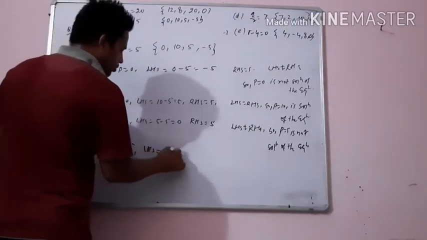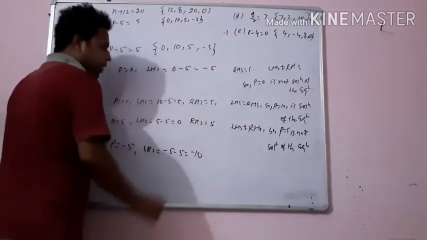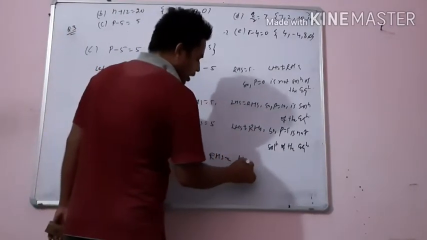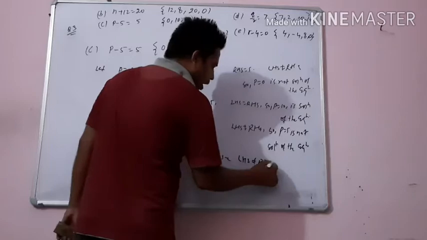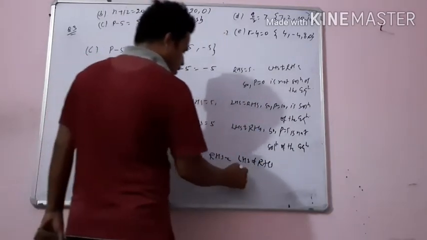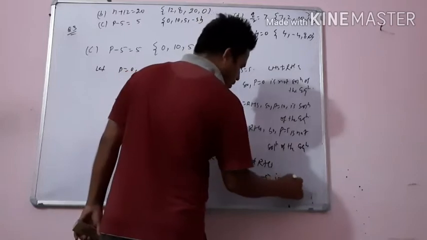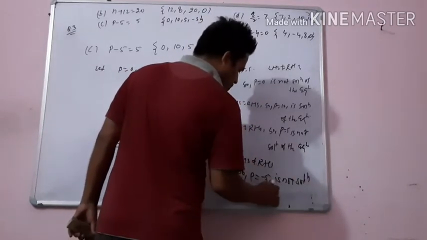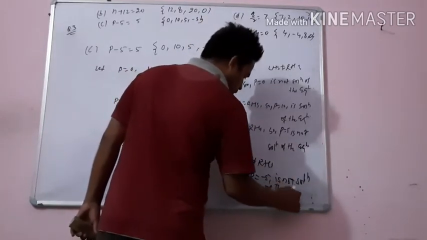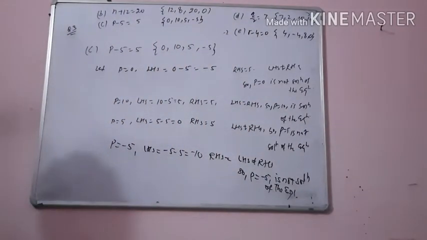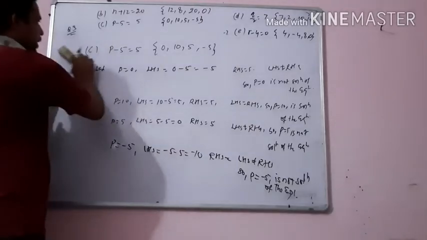LHS equals minus 5 minus 5, that will be minus 10, and RHS equals 5. So LHS not equals to RHS, so p equals minus 5 is not a solution of the equation. So question C we have completed. Now moving on to question D.